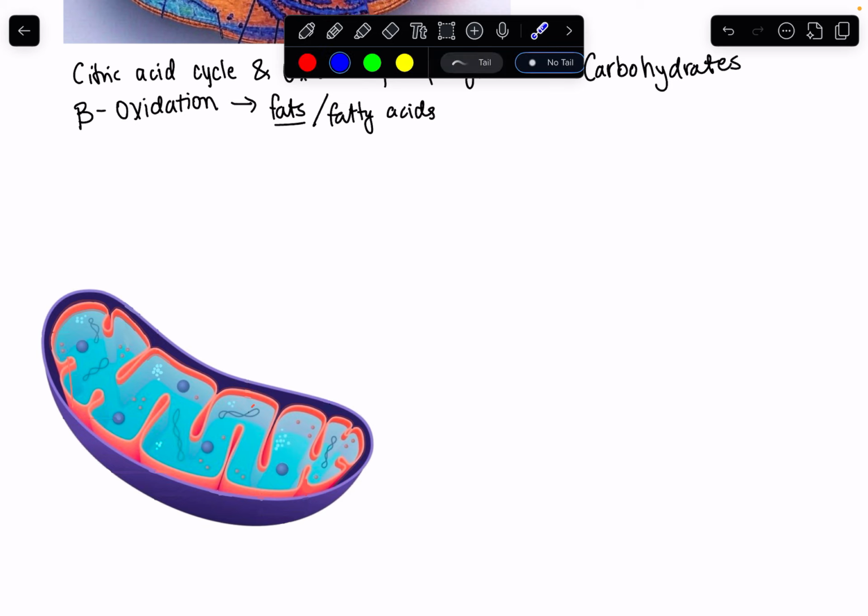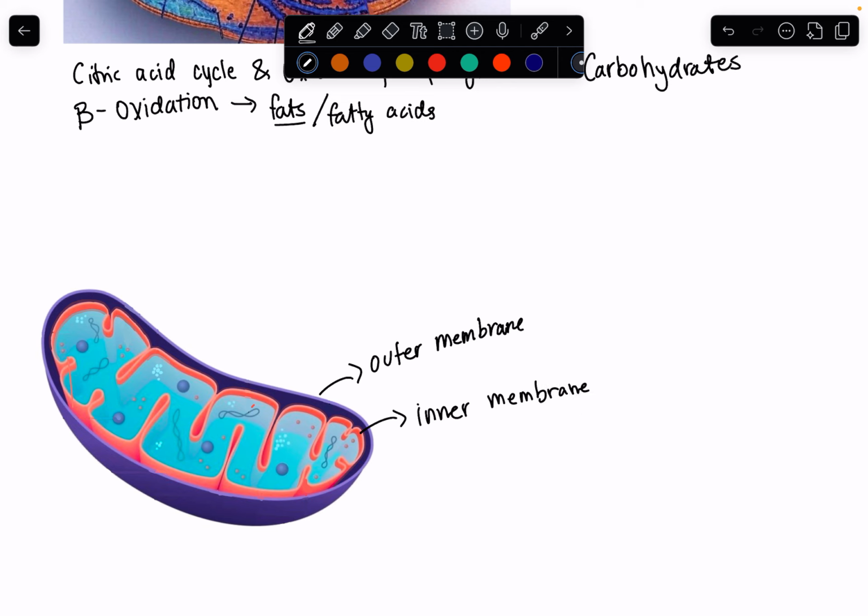We can see by the purple layer right here and then the pink peachish layer that we see on the inside. Easy enough, both of these layers are referred to as the outer membrane or the outer mitochondrial membrane and the inner membrane or the inner mitochondrial membrane.